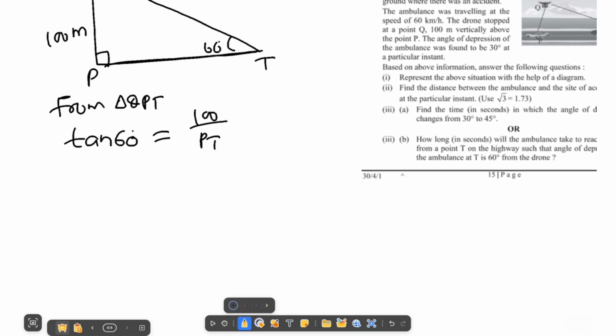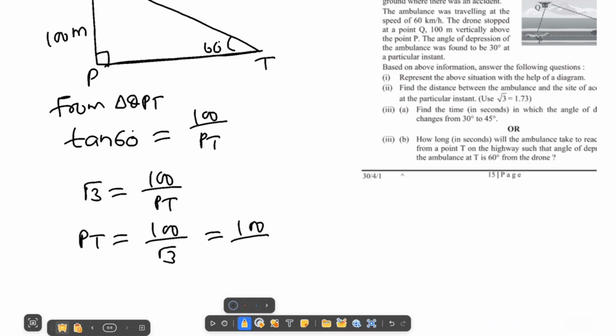So tan 60 is root 3. So root 3 is equal to 100 by PT. So bring PT to the left side, root 3 to the right side. So PT is equal to 100 by root 3. Now 100 by root 3, the value is given as 1.73. Otherwise we can do it like this. Let us rationalize the denominator.